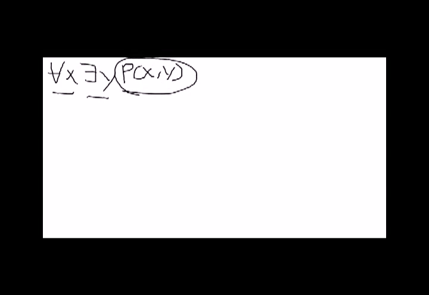Now let's examine nested quantifiers using a mix of universal and existential quantification. In this example, we'll have universal x, existential y, p of x, y. And this would be read, for all x, there exists a y that satisfies predicate p of x, y.